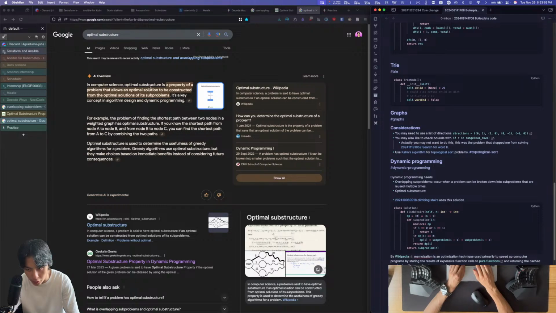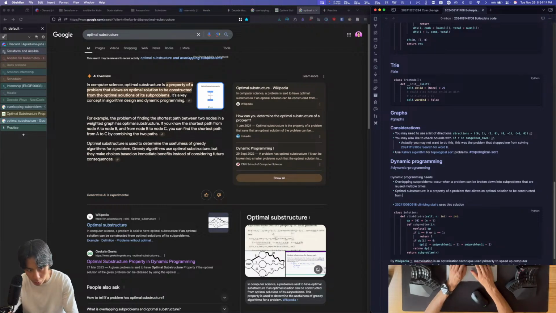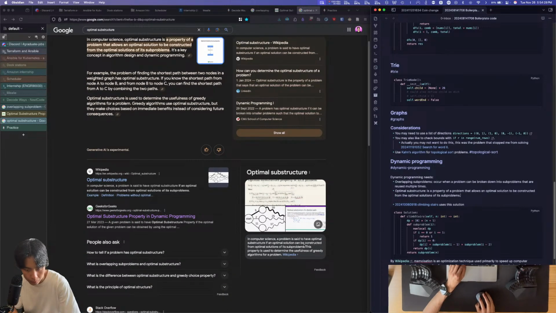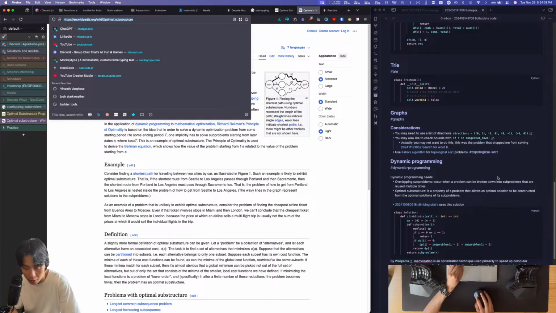Okay, optimal substructure is a property of a problem that allows an optimal solution to be constructed from the optimal solutions of its subproblems. Epic. And you know, the best resource for this type of topic is Wikipedia.